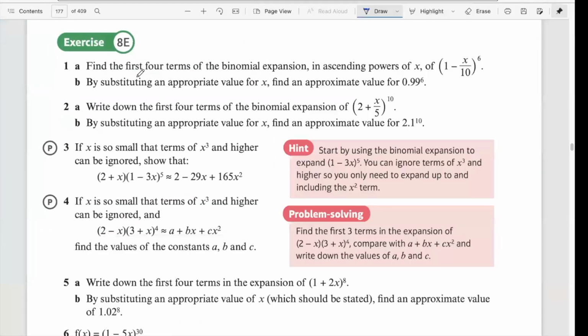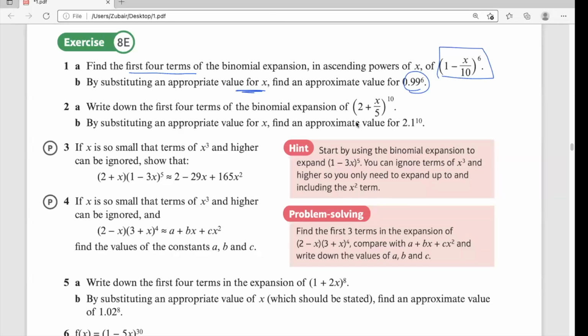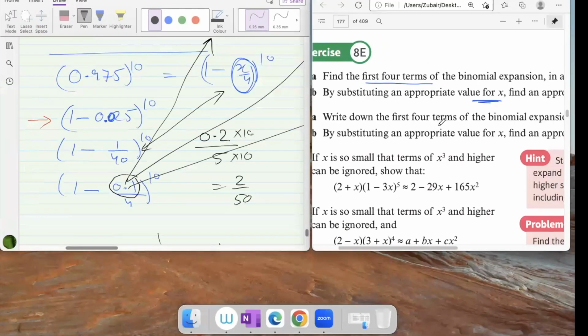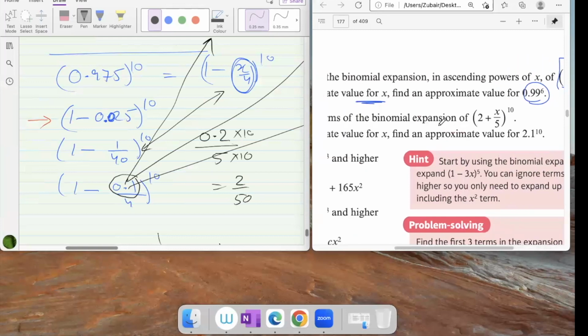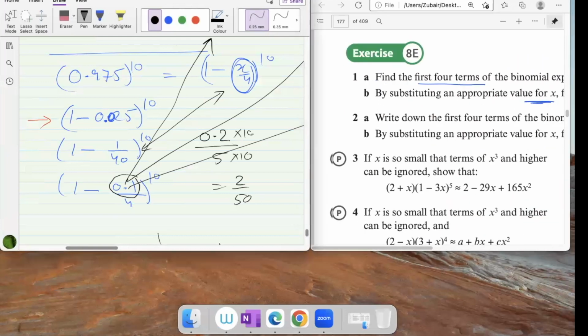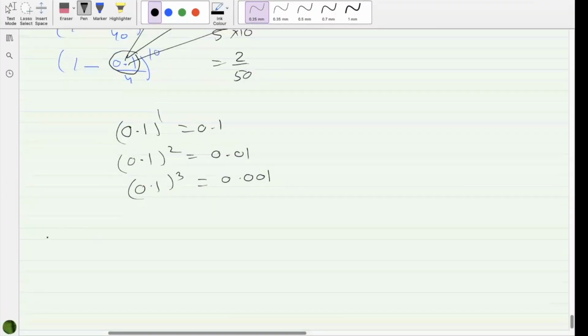Just as in this case, it says find the first 4 terms of the binomial expansion. So we'll find first 4 terms by substituting the appropriate value of x, to find the approximate value for this. So again, exactly in the same way. So let's do this. 1 minus x by 10 and power is 6.